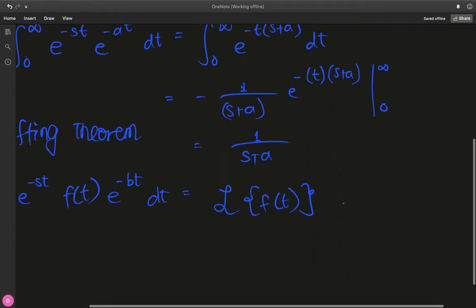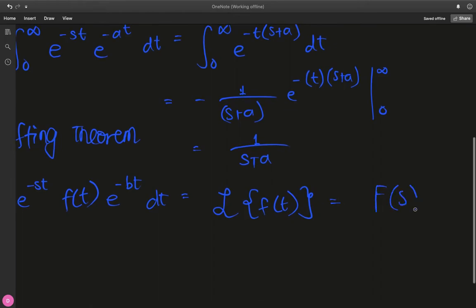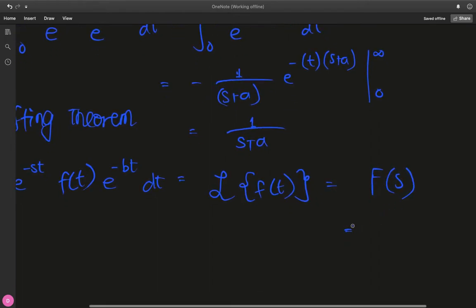So say if you end up with f of s, you have to shift it by b units, so s plus b.